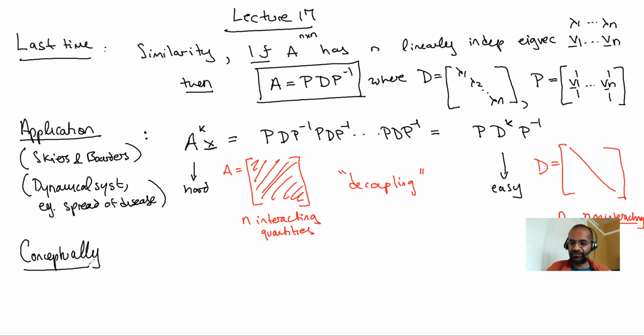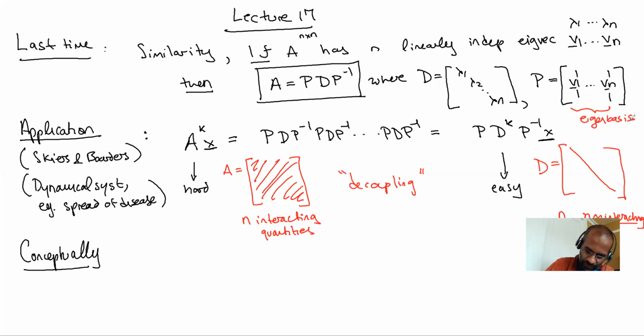What does it mean to multiply x by P D P inverse? Well, remember P is the matrix that contains the eigenvectors as its columns, which are a basis. So this is the eigenbasis.